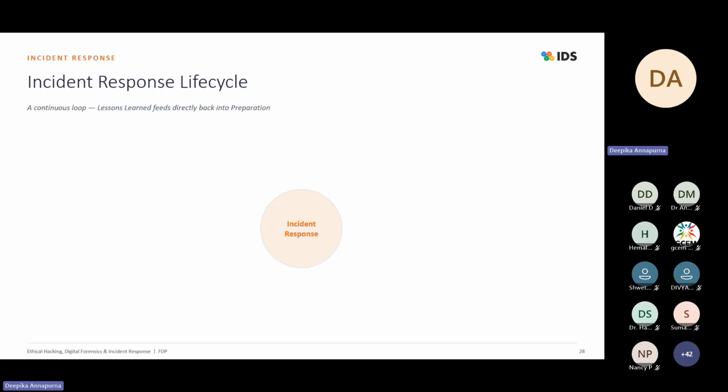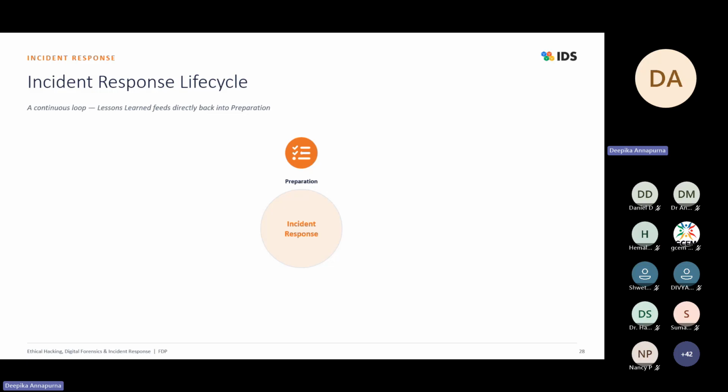The next one is the incident response life cycle. What do you mean by incident response? Whenever an incident happens, what do you need to do immediately? The first step is called preparation. Organizations prepare before the incidents occur. What do they prepare?